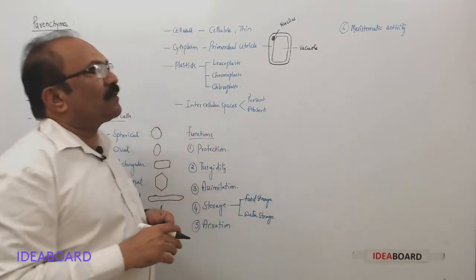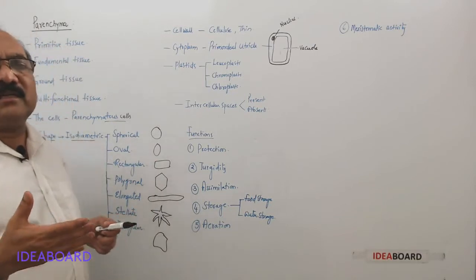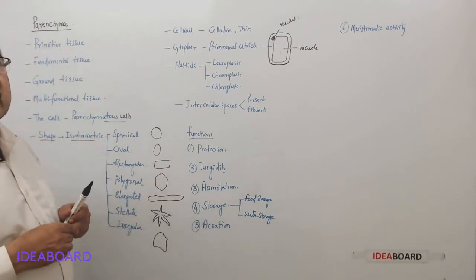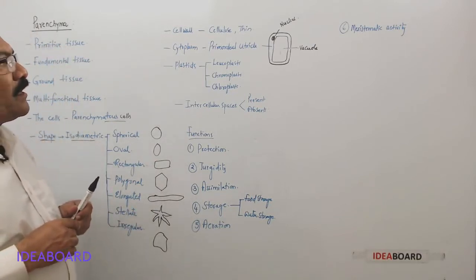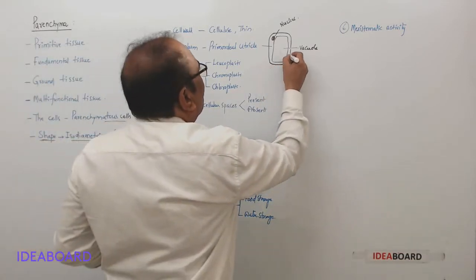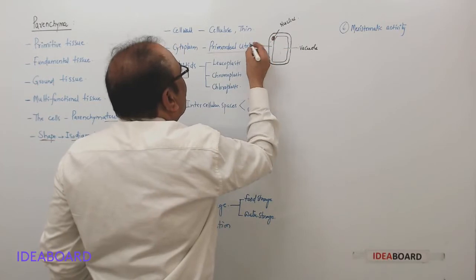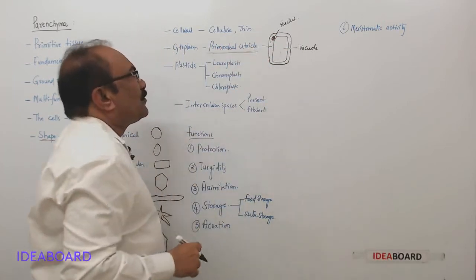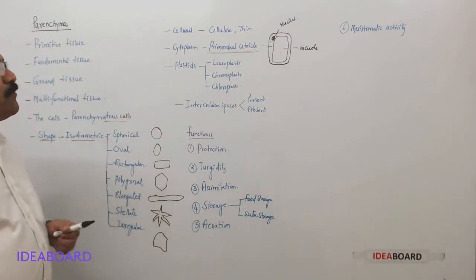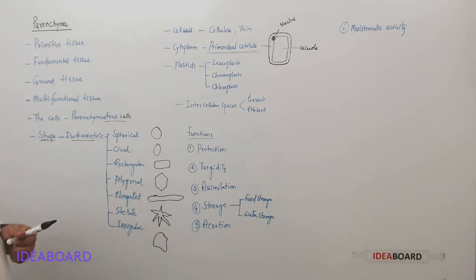The vacuole occupies a large area, more than 90% of it. Such cytoplasm is called primordial utricle type of cytoplasm.